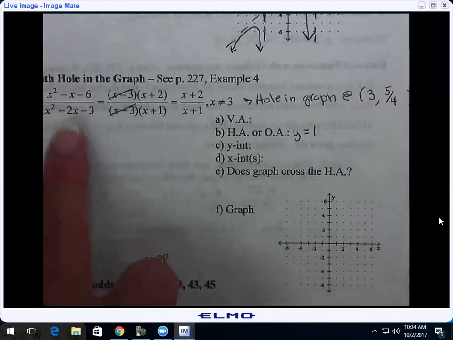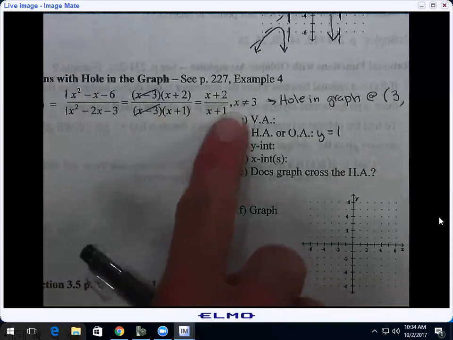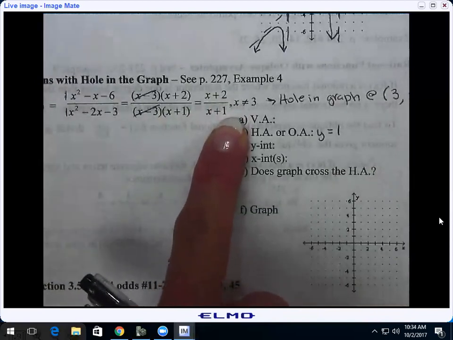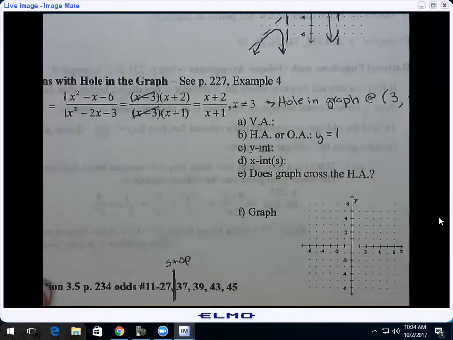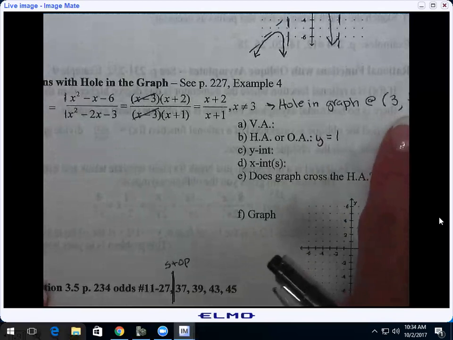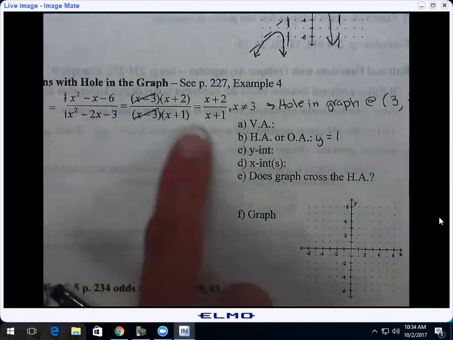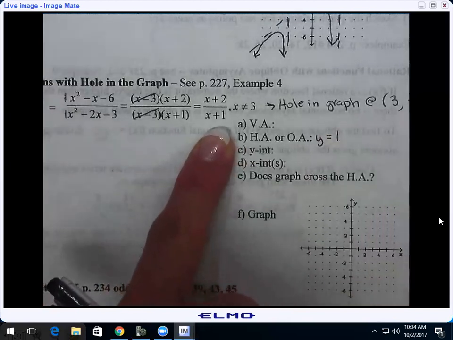The graph of this original function looks identical to the graph of this simplified function in every single way except there's a hole in the graph at (3, 5/4). Once you've identified that, you don't even have to look at the original form anymore. You look at the simplified form and you say there's a vertical asymptote where?